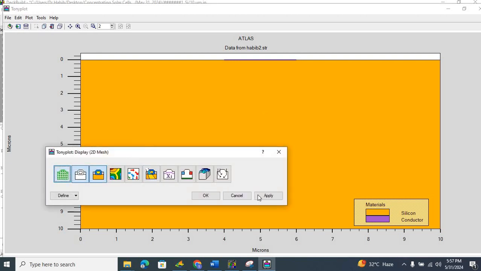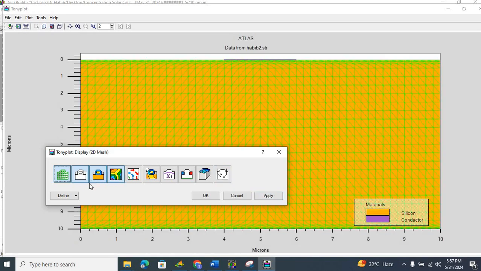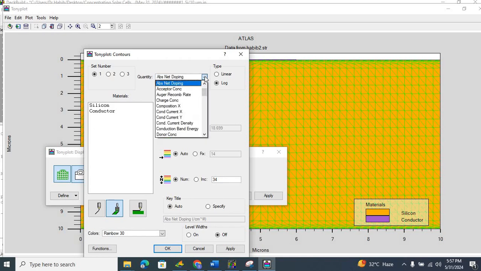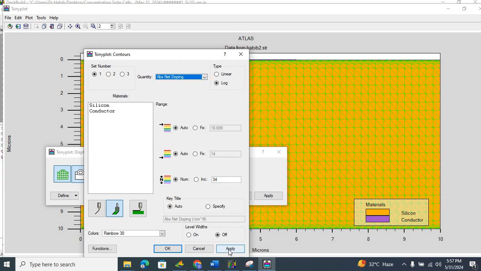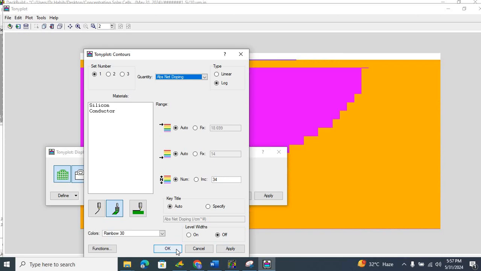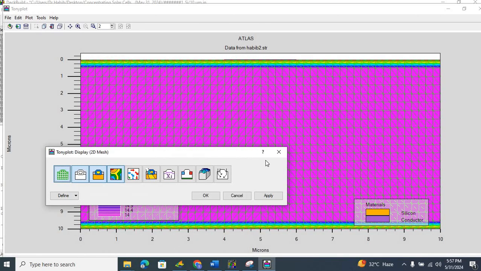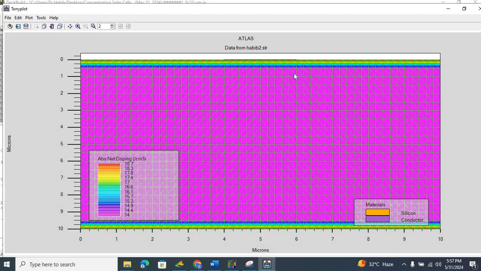So now you can see the meshing, and I want to see the dopings. So here we go to contours, absolute net doping. I want to see that, so click on apply. Now we can see that we have a high doping at the top and also high doping at the bottom.